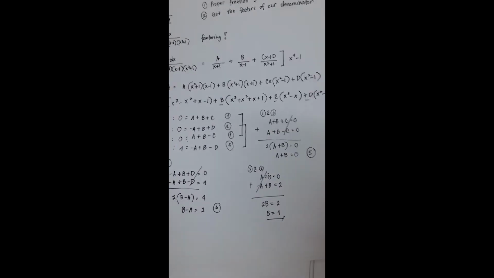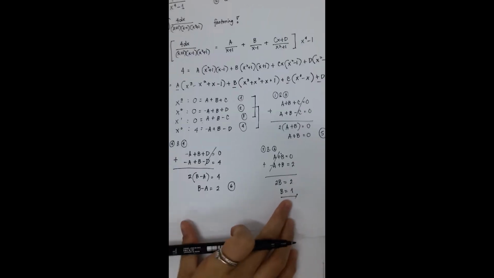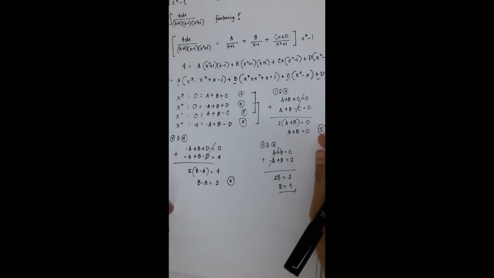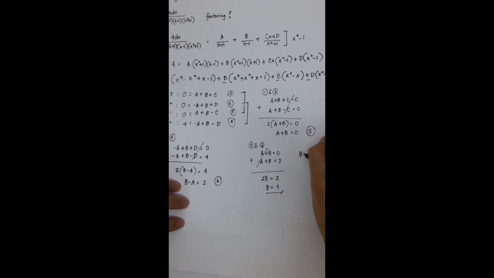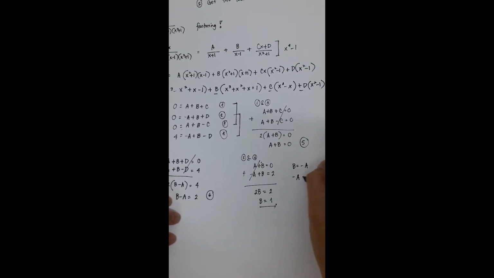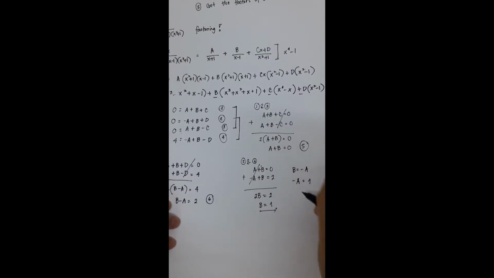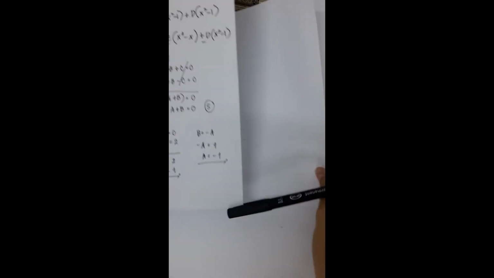Now we have the value of B. We can substitute this into our first equation or our fifth equation, either of the two. So negative A is equal to B, which is 1. So A is equal to negative 1. So we have now the value of A.